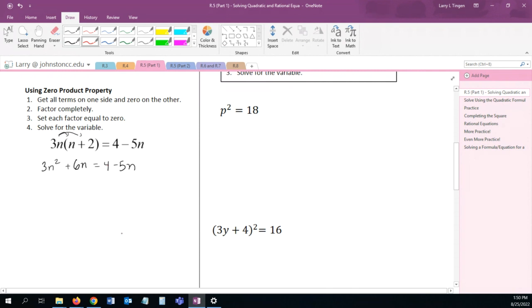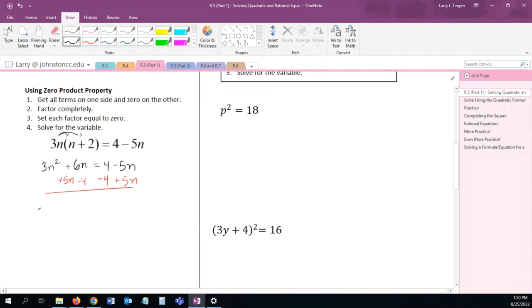I need one side to be 0. So when I'm dealing with a quadratic equation, I'm going to get everything on one side. That means I'm going to move everything to the left just because that's habit. So I need to subtract 4 from both sides, and I need to add 5n to both sides.